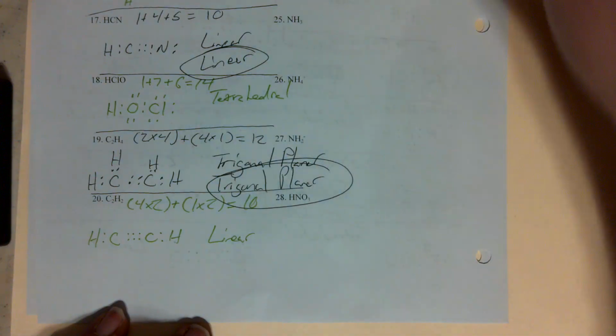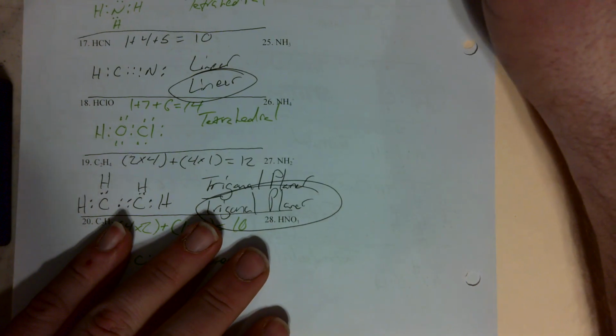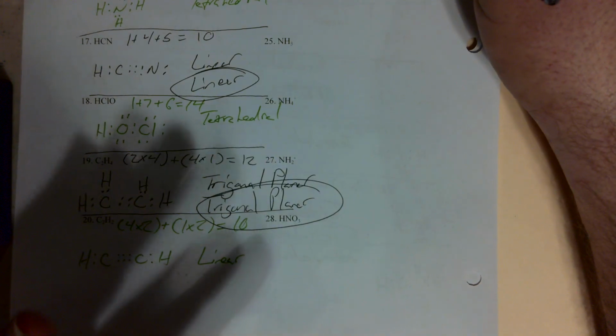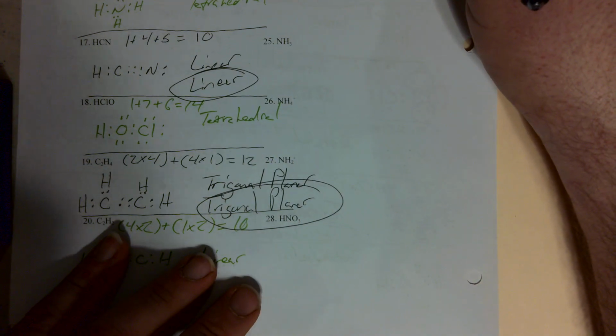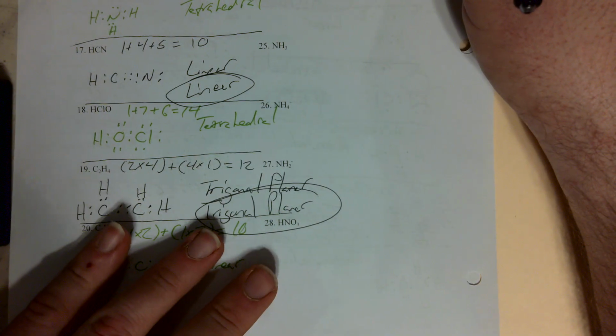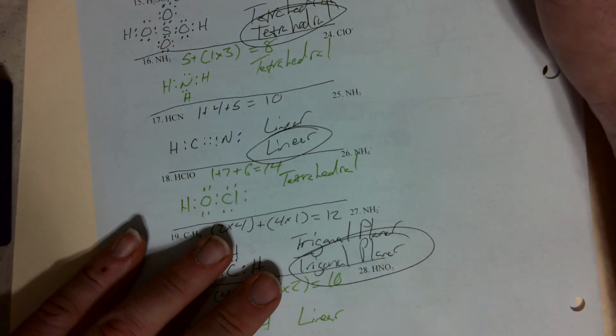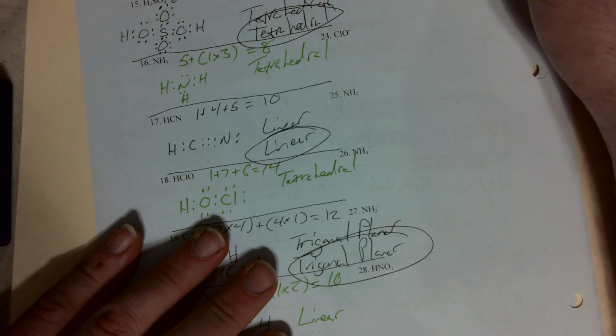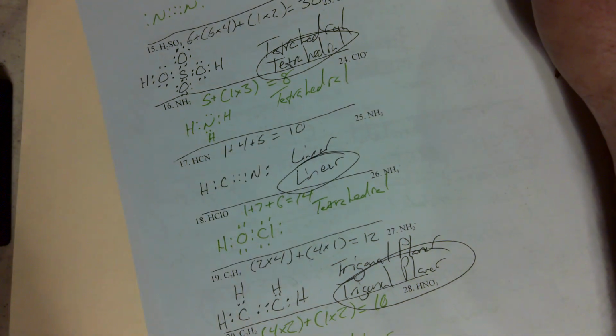All right, so that is a little bit of practice with the previous stuff that we've already done. If you'd like to go ahead and try to do the evens for practice before you get into the molecular shapes, that's a great place to do it.